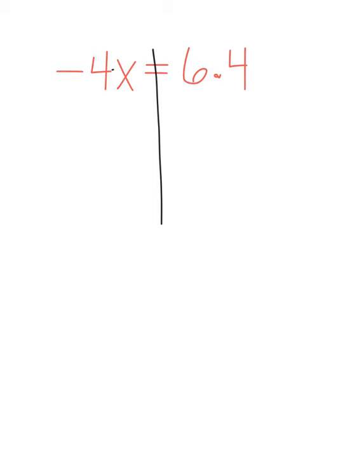So the inverse of multiply is we want to divide to get that x all by itself. So we're going to divide both sides, and we want to divide it by a -4. The reason is because anything divided by itself is 1. So a -4 divided by a -4 cancels out to be 1x.